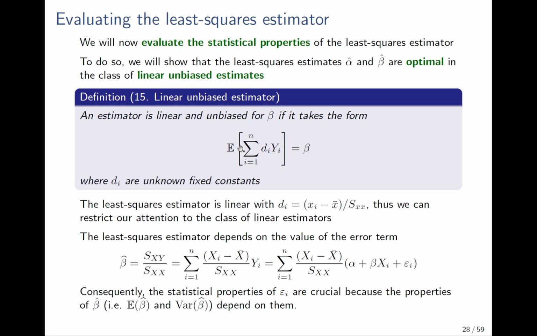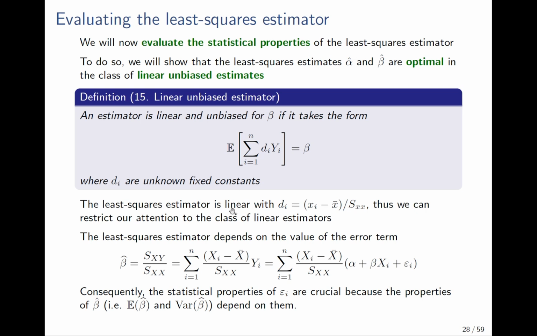So unbiased, of course, because the expectation of the expression in brackets is equal to the true value of the parameter, and we covered that last week. But a linear estimator is said to be linear if the estimator can be written as a linear function of the y, values of y, where d_i are unknown fixed constants.